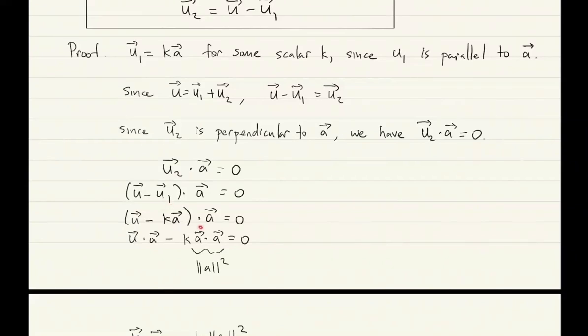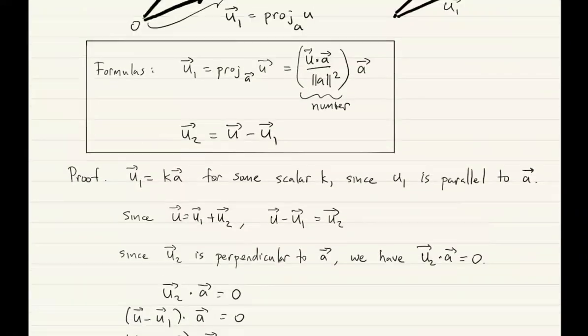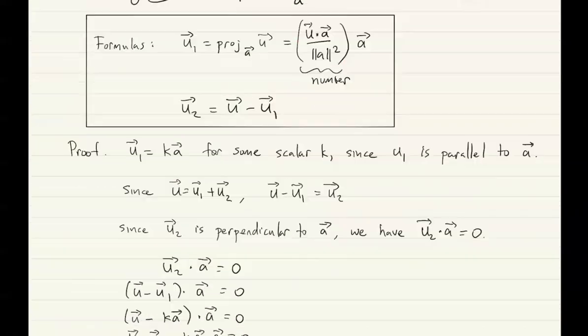And then in the next line, I distribute a to get u dot a is equal to, subtracting k times a dot a. The dot product of a vector with itself is the norm of the vector squared. And then doing some algebra of adding this term to both sides, we get this. Dividing through by this number, the norm of a squared, we get that k is equal to the dot product of u and a divided by the norm of a squared. That's exactly what was written here.